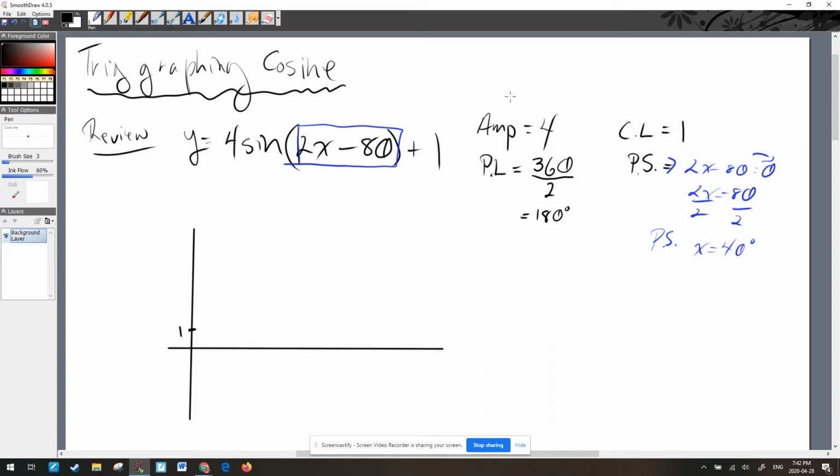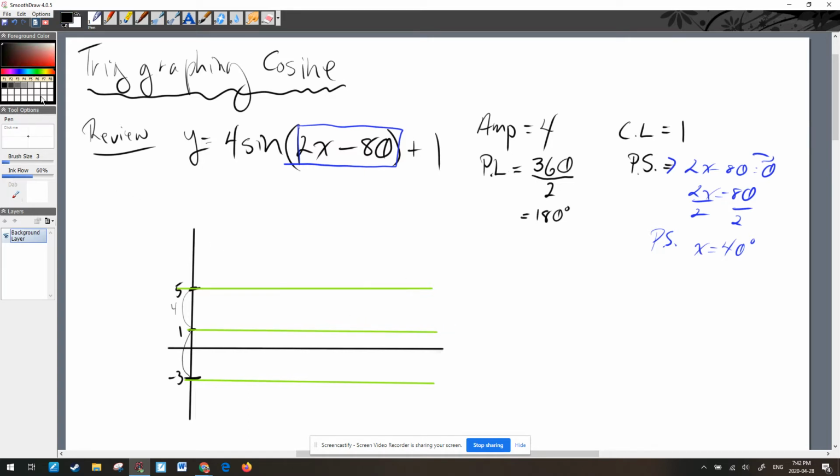And then the amplitude says I can reach up 4 from 1. So up 4 is going to take me up to 5, and down 4 is going to take me down to -3. So it's going to provide some framing. So I'm going to go ahead and draw in some framing here. So there's the upper end. There's the lower end, and I'm going to put in the center line as well because it just helps me when I go to graph these things.